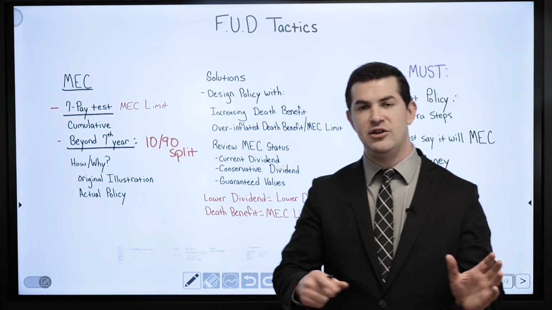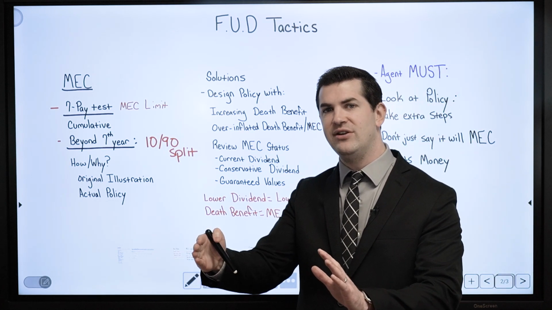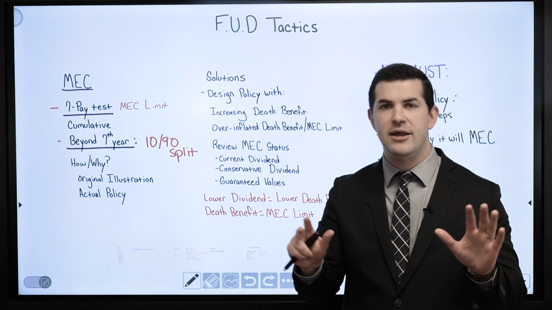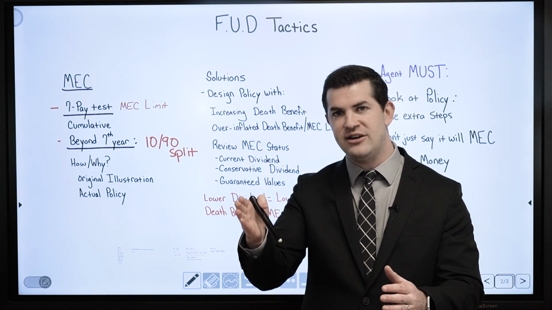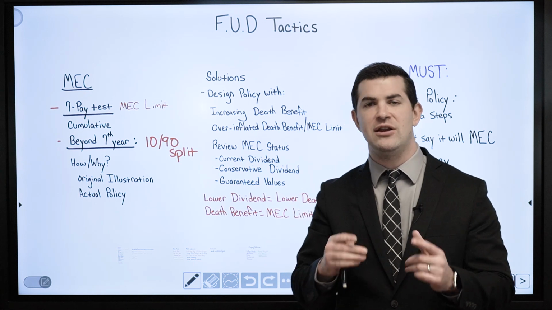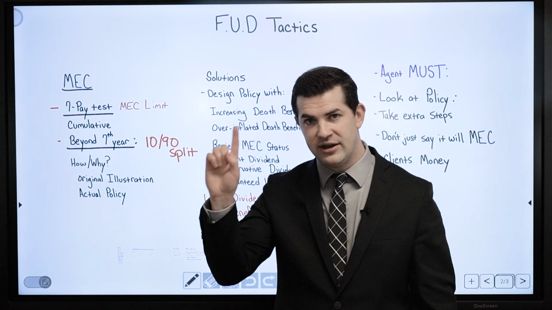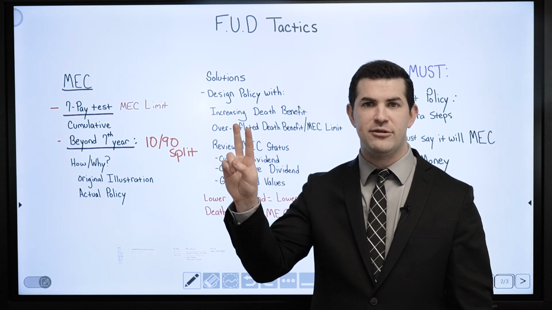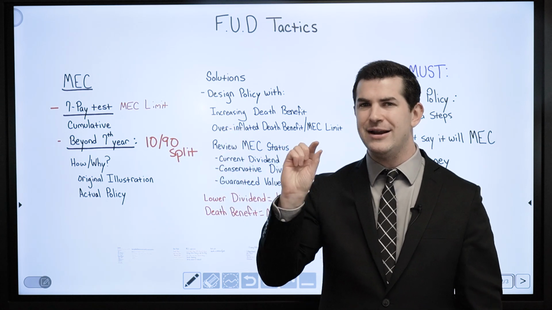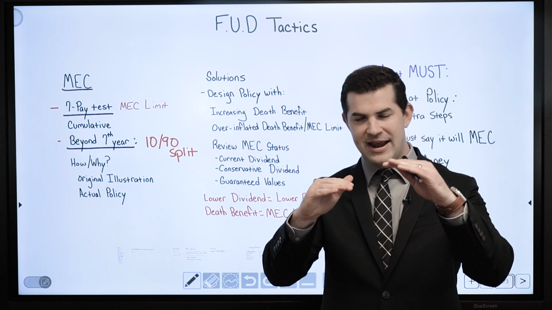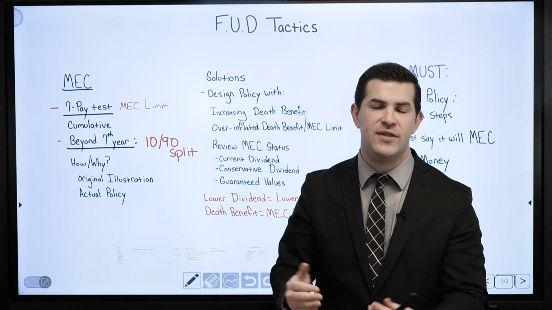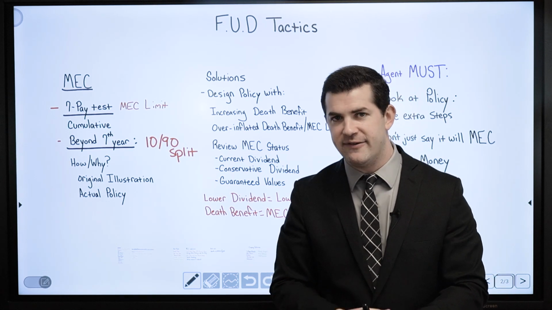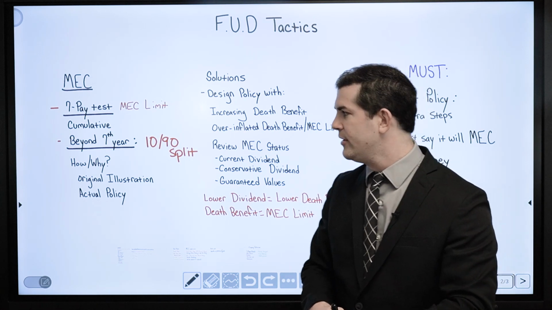What happens is once I surpass the first 7 years, once I hit year 8, that MEC limit resets, and as time passes, it adjusts. The MEC limit has a direct relationship still to my age and death benefit, but also what my total cash value is. How the cash value and death benefit move together will determine if the policy will become a modified endowment contract or not.